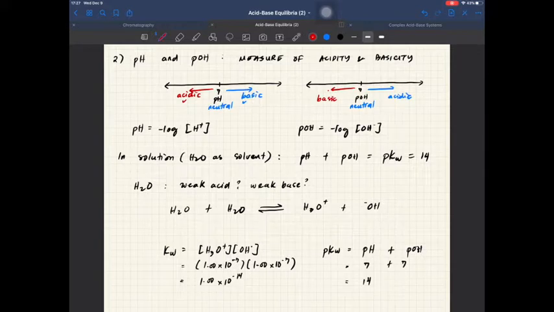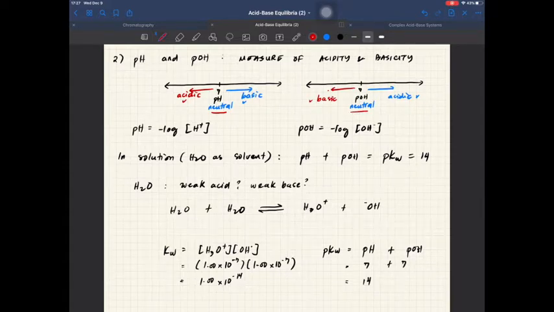A pH value of 7 is what we call a neutral pH. Similarly, any compound that has a pOH value greater than 7 is said to be acidic, and any compound that has a pOH value less than 7 is said to be basic. So it's just the opposite of pH. Same here, pOH 7 is also the neutral pOH.